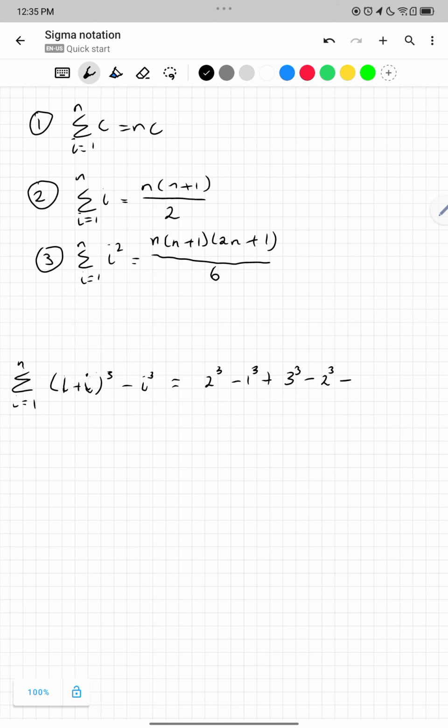Then we have plus 3 plus 1, which is 4 cubed minus 3 cubed.